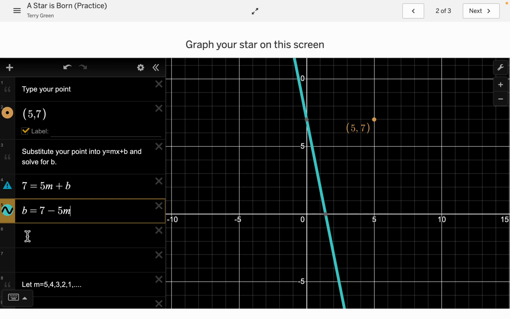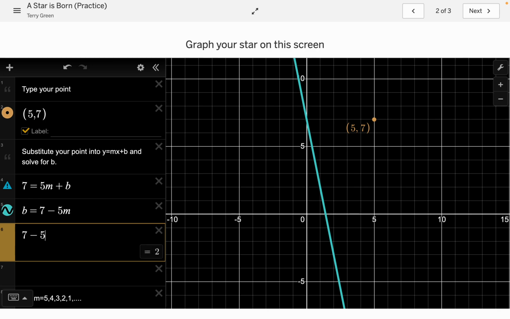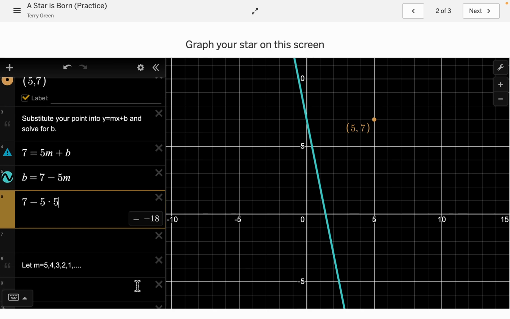So that means I'm going to go 7 minus 5 times 5. That's going to be negative 18.